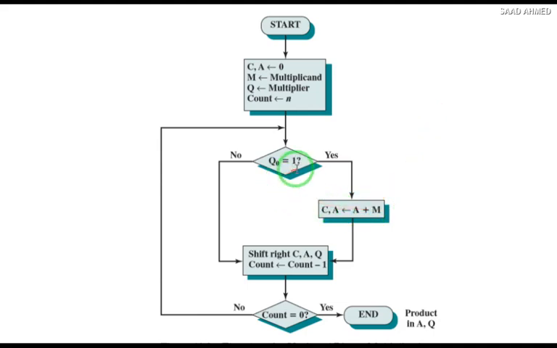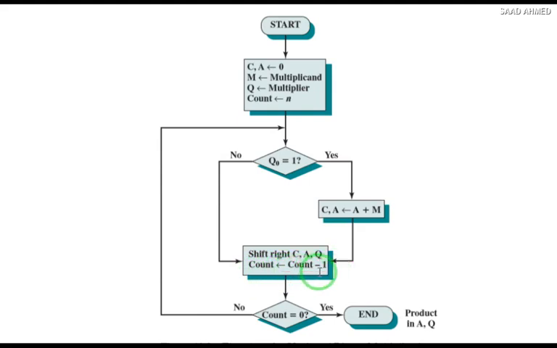If it is 1, then you are going to add the values of A and M and transfer the result to CA. If it is not 1, that is, if it is 0, then you will go straight to the step in which you shift right the C, A and Q, and decrease the count by 1.